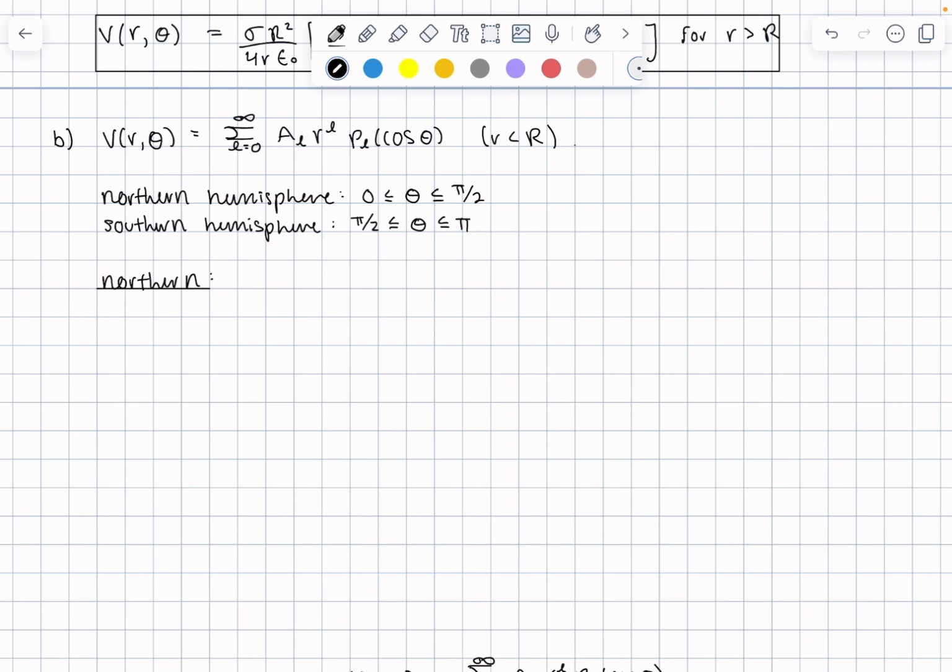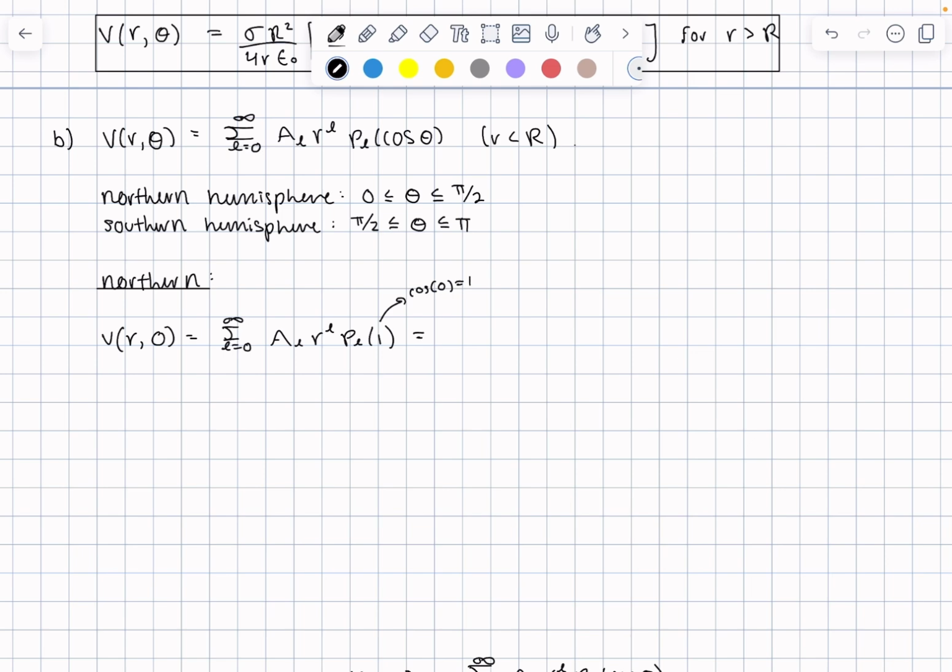Again, using the same strategy, we can say that the potential of r, when theta is 0, is going to be equal to the sum from 0 to infinity of a_L r to the L, and then our Legendre polynomial of 1, now again because cosine of 0 here is what we're plugging in, right, is equal to 1.